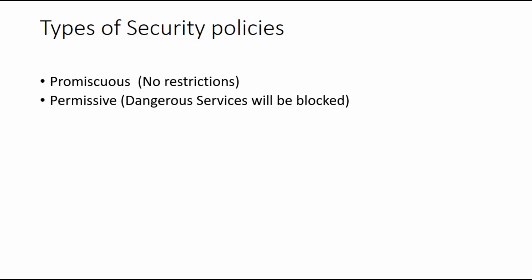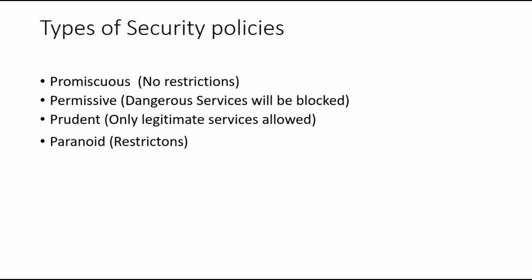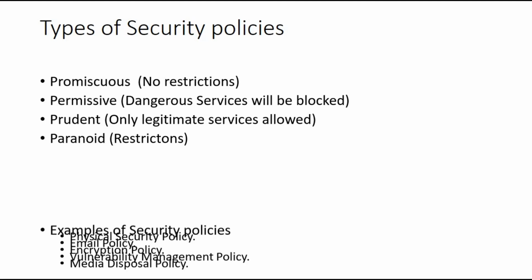So only the known dangerous services will be blocked in this one. The next one we have is prudent policy. In this, only legitimate services will be allowed. And the last one is paranoid, which has many restrictions. You can say there is very limited internet usage, or you can say no internet connection as well.